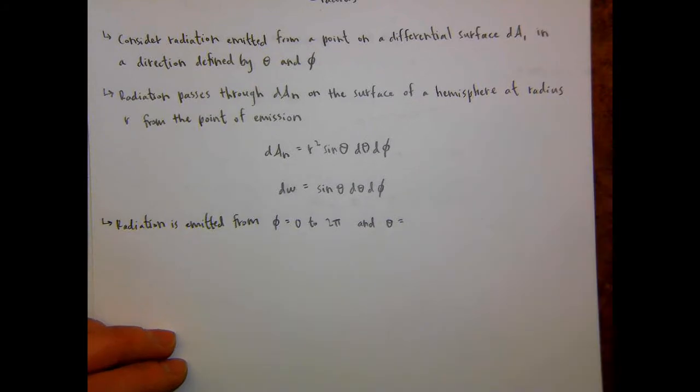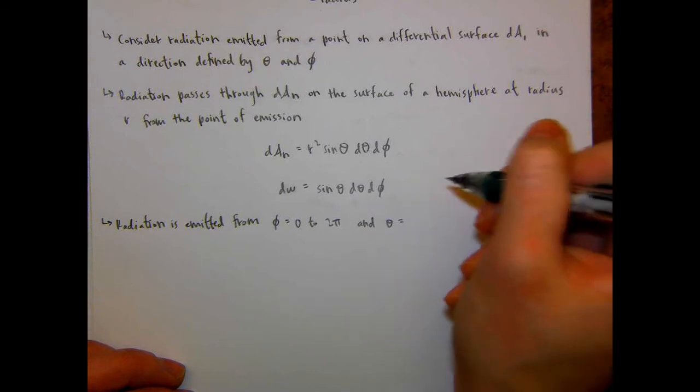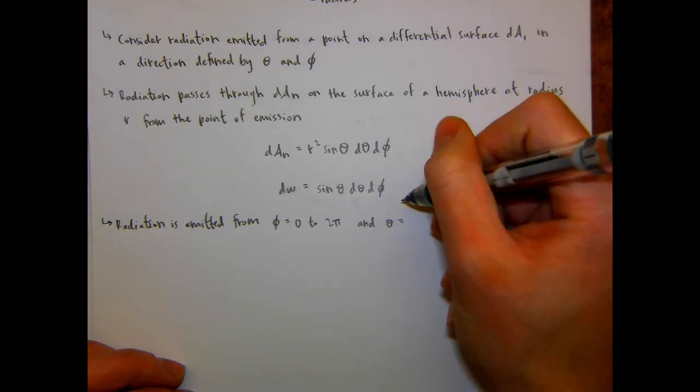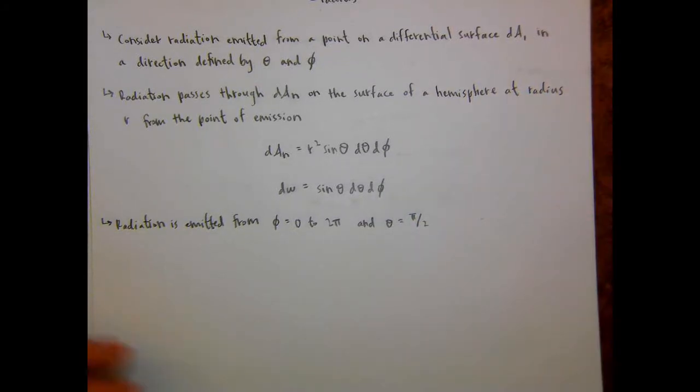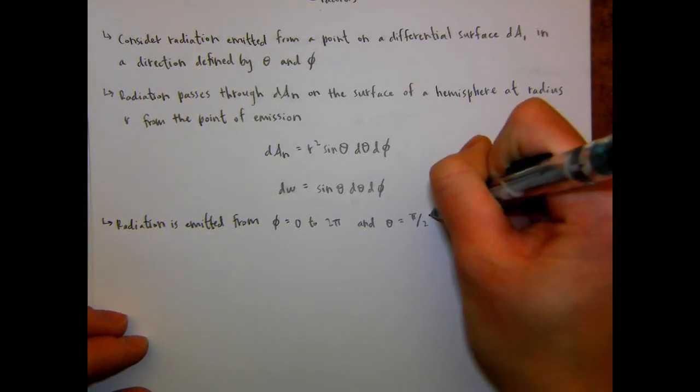And theta from 0 to pi over 2. So a full sphere would be theta is 0 to 2 pi as well. Seems like that should be pi instead of pi over 2, but I'm pretty sure it says pi over 2 in the textbook. Anyway, not super important. I'll double check.